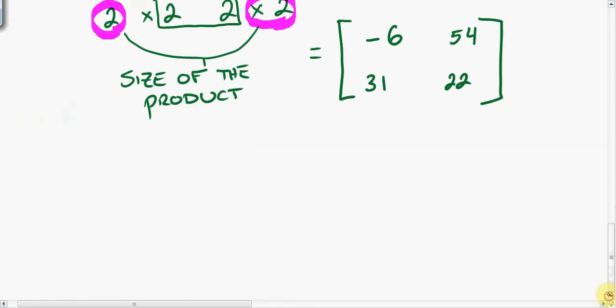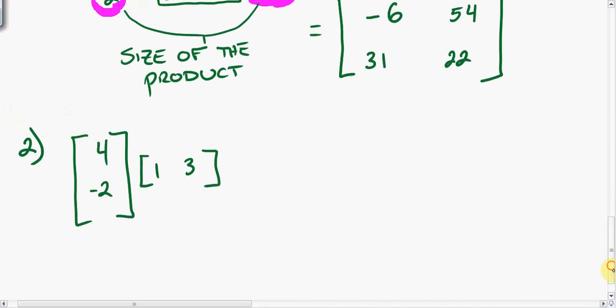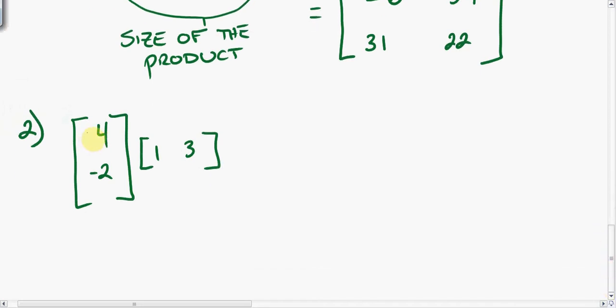Let's try one more. Number 2. We've got the matrix 4, -2 times the matrix 1, 3. Can these be multiplied together? What are the dimensions?